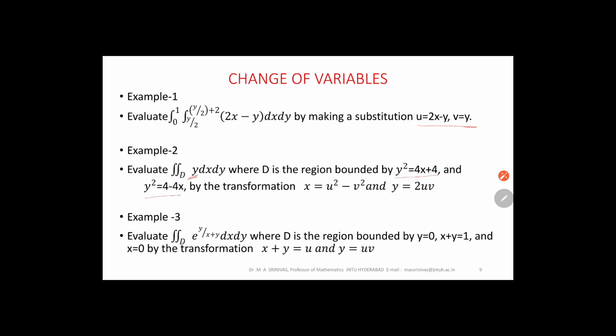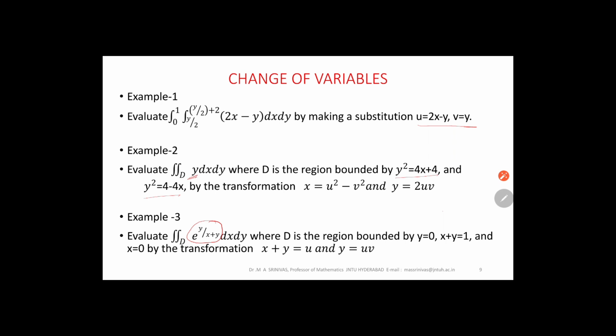But for such simple regions, no need to do the change of variables. But here the difficulty is the integrand. So e power y by x plus y, if I want to do the integration, you can integrate e power x, you can integrate e power y, but integration of e power 1 by x is not easy.